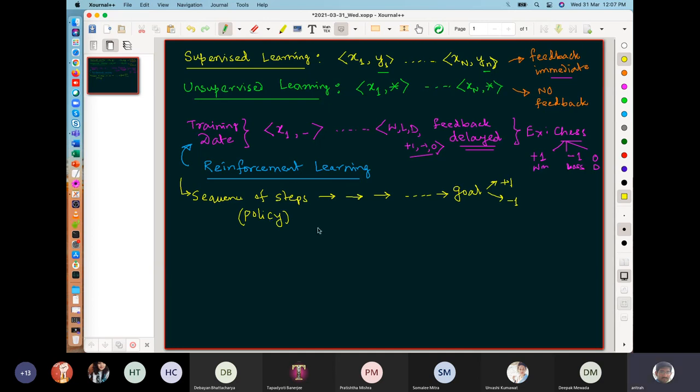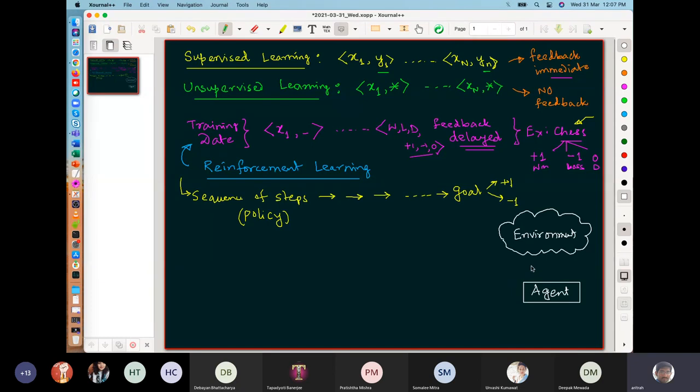Now, in which setup do we encounter such a problem? Let us see the generic setup that chess belongs to. You may think of this model as an agent acting in an environment. Suppose this is the environment and your program is the agent. Suppose you are playing white in chess.